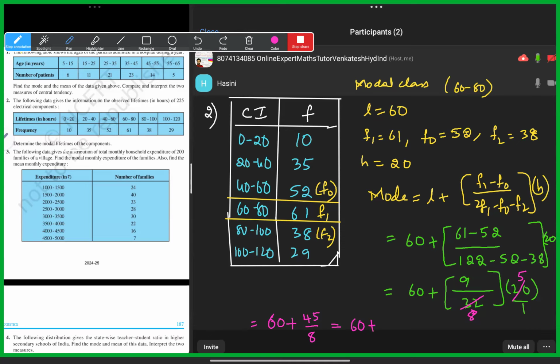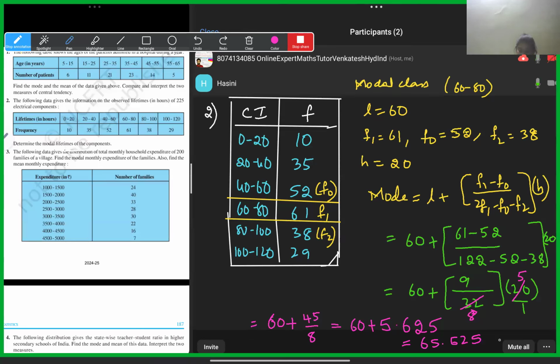Most of the time 8 will completely divide it. 8 5s are 40, point 50, 8 6s are 48, 20, 8 2s are 16, 40, 8 5s are 40. Which means the final answer, the mode value, is 65.625.